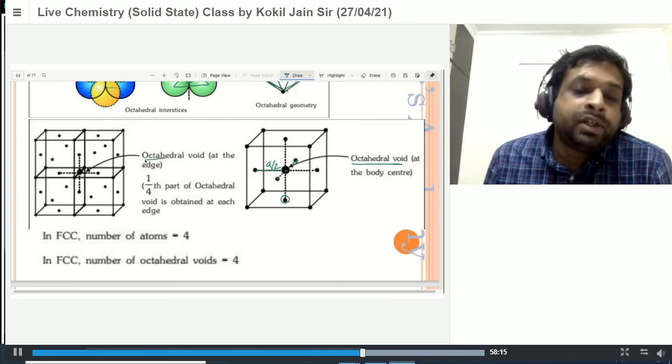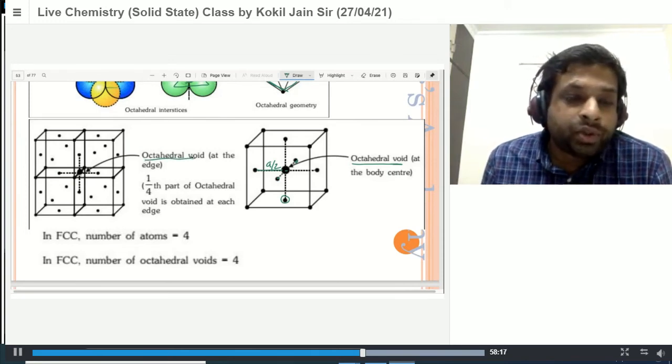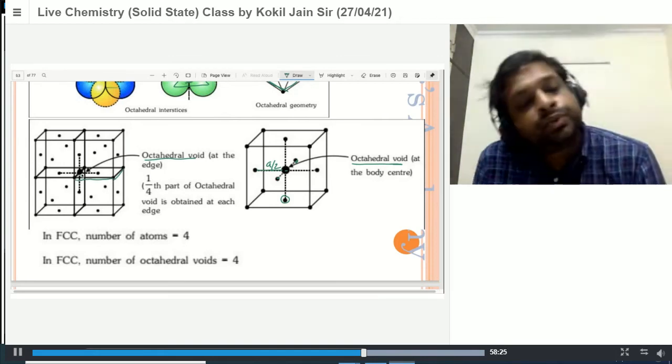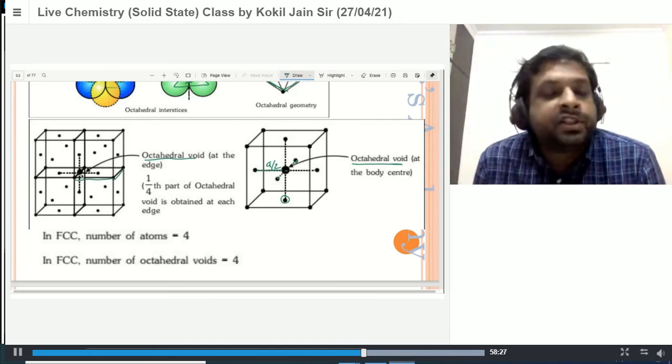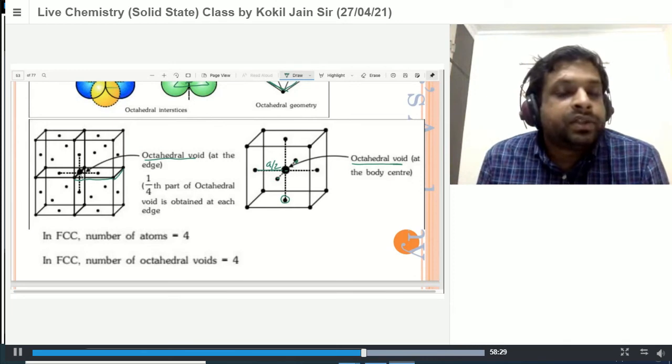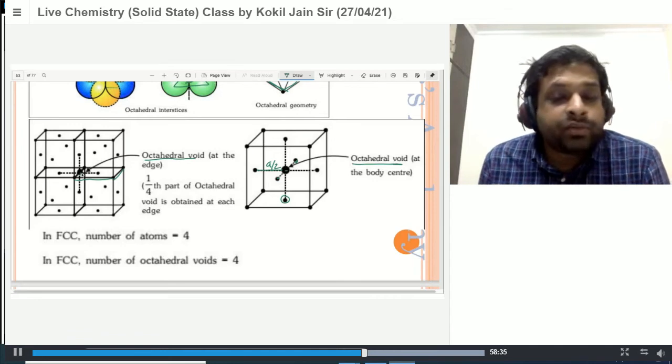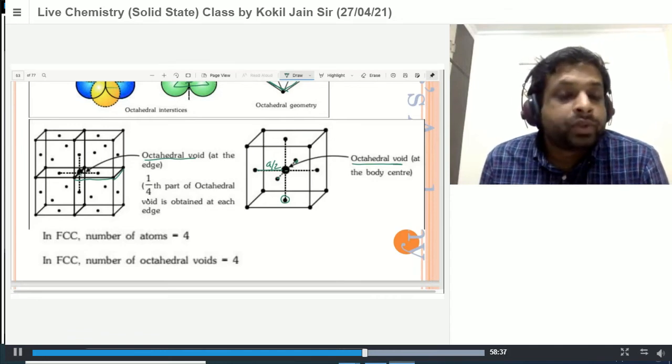Now, if we want to calculate the octahedral voids for a single unit cell, we have to see in how many unit cells this octahedral void is being shared. This is being shared between 4 unit cells, so the contribution of one octahedral void would be 1/4.